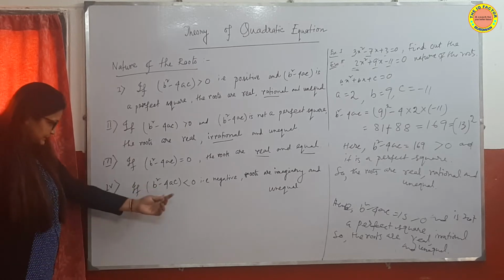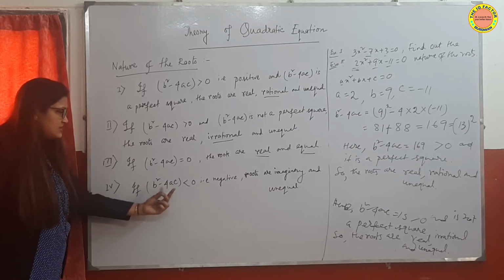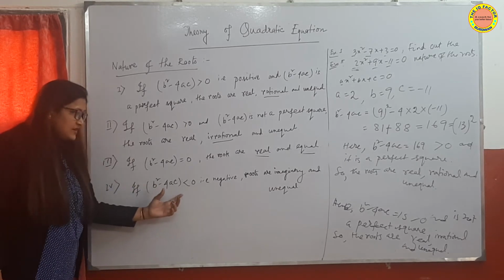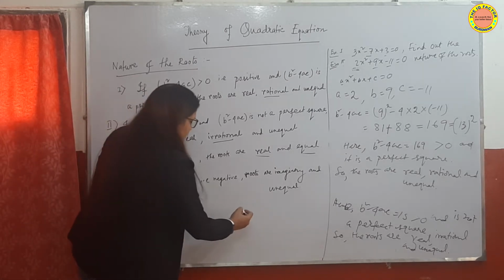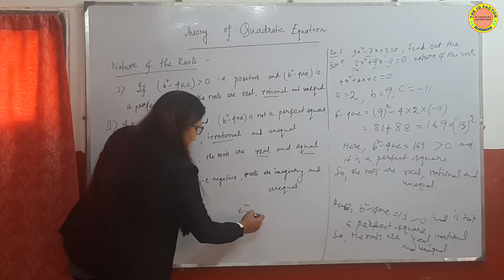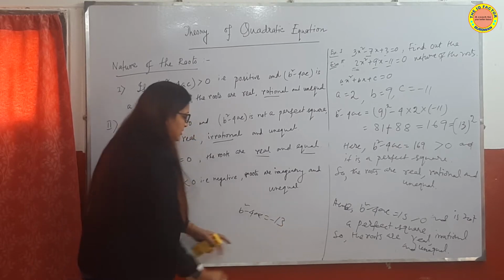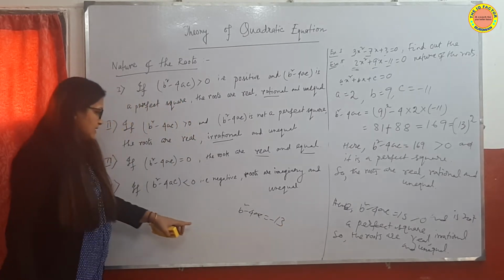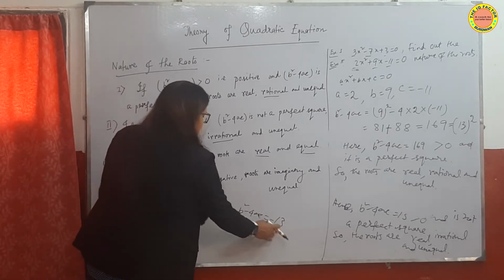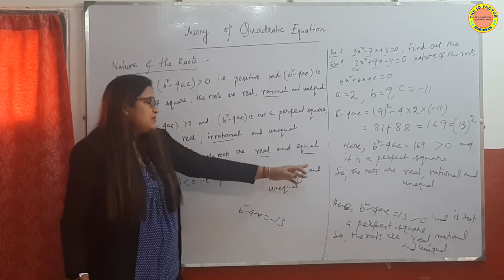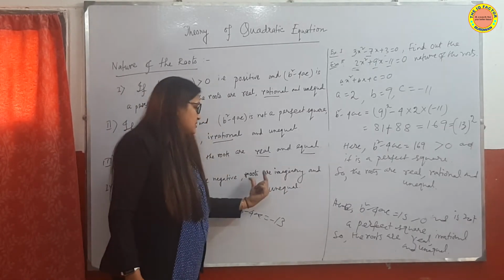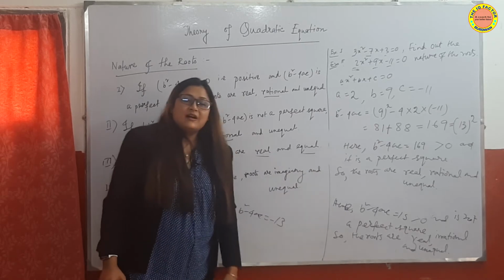And if the discriminant is less than 0, that is negative, suppose it is coming minus 13, then the roots are imaginary, and we will write the roots are imaginary and unequal.